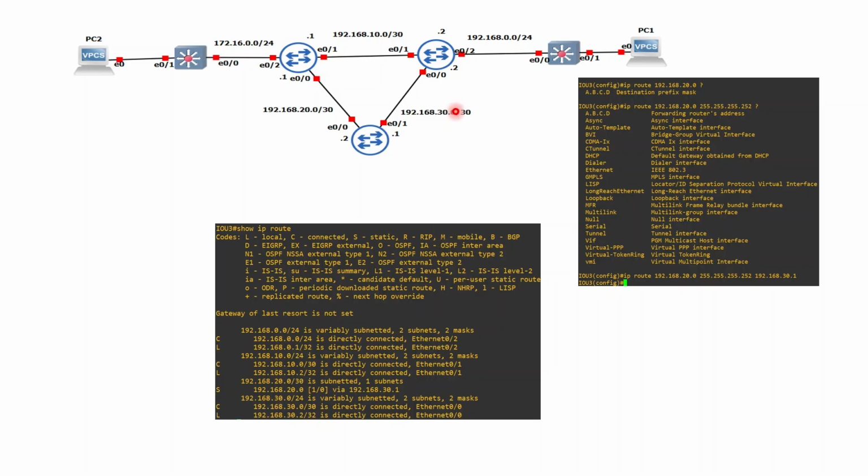This means this router and the devices connected to it are able to reach this network, since we have this network address in our routing table.